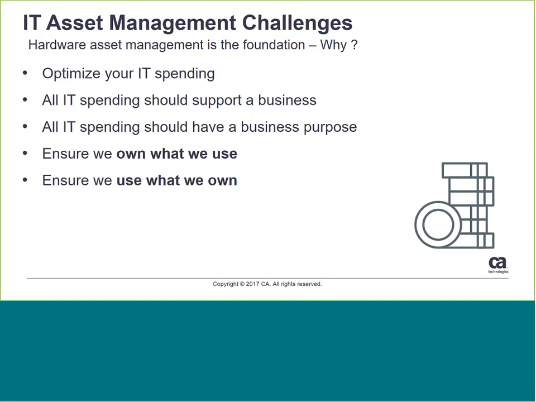And also, we have this saying that you need to own what you use, and you need to use what you own. And typically, the first thing we want to make sure of when we talk about software is that we want to be in compliance. And it's the same thing with the hardware here. Obviously, there's not many people that will give you new laptops if you don't pay for it.